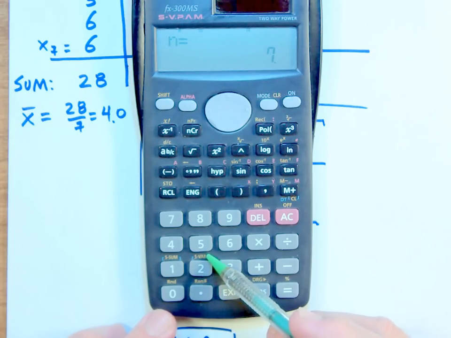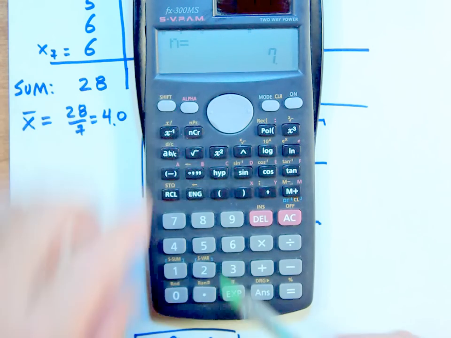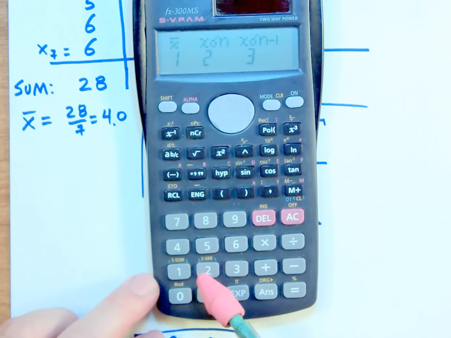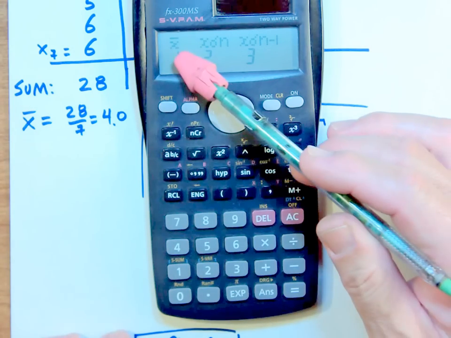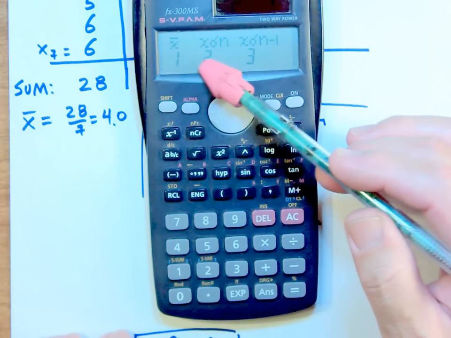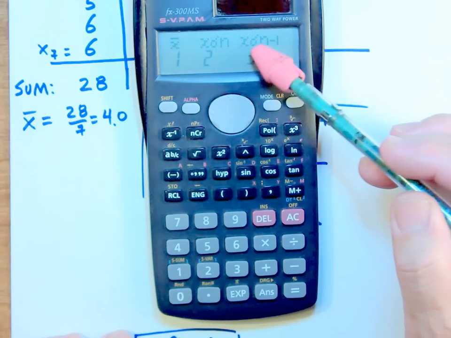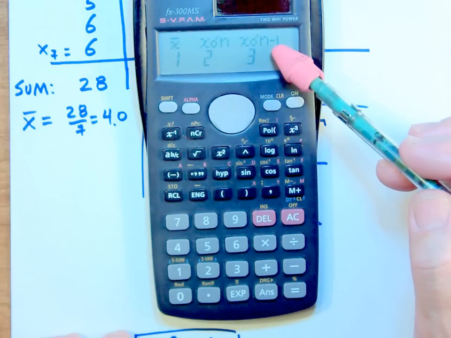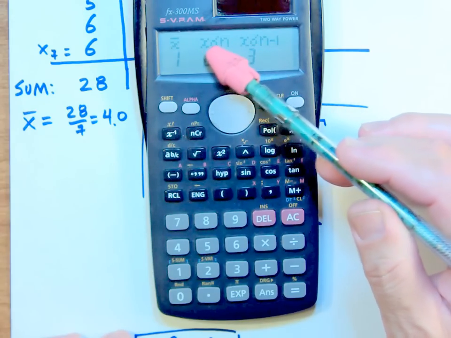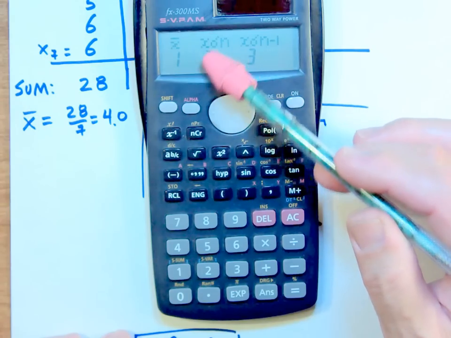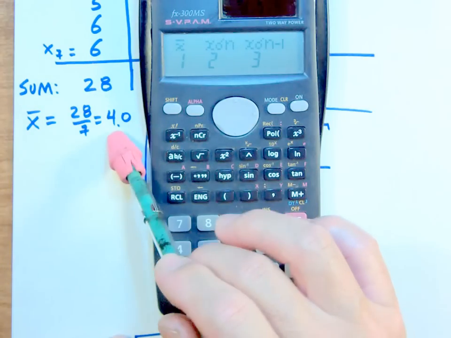It's a yellow key, so we have to press Shift first and then press 2, and you see the choices you have. If you press 1, it should give you the X bar, the mean. If you press 2, it gives you this. Compare that with the third. This n-1 tells you this is your sample standard deviation. This is your population one. We don't want this. Let's first press 1 just to see if we do indeed get the sample mean of 4.